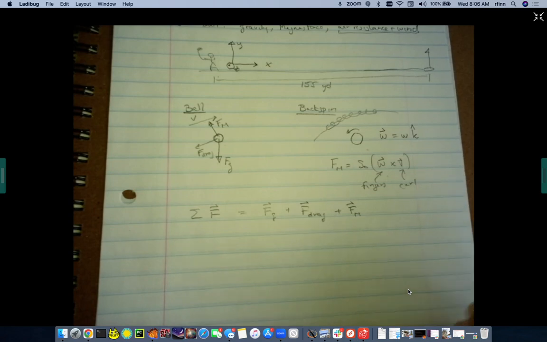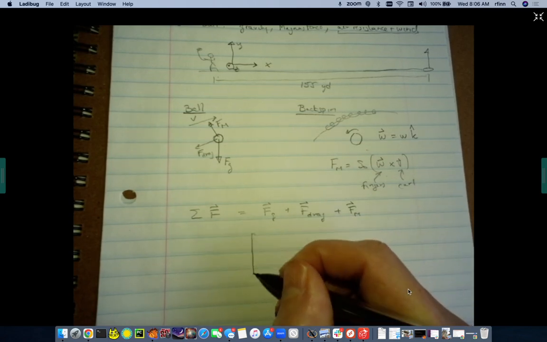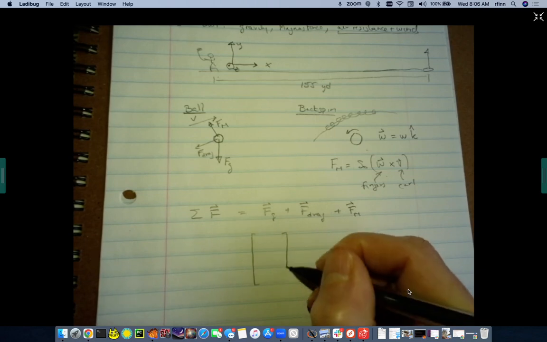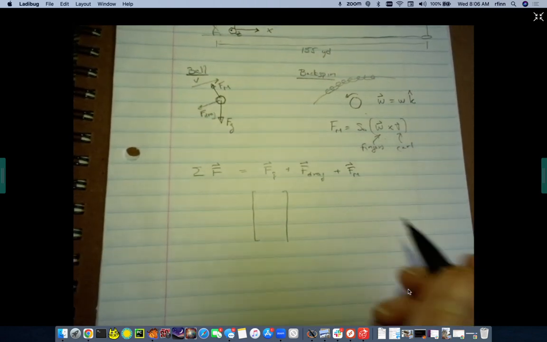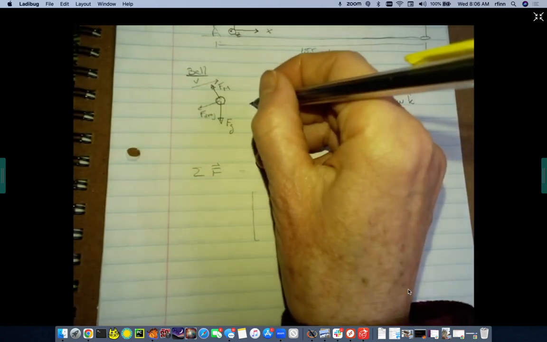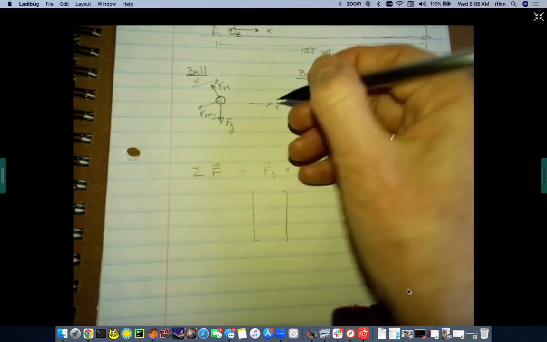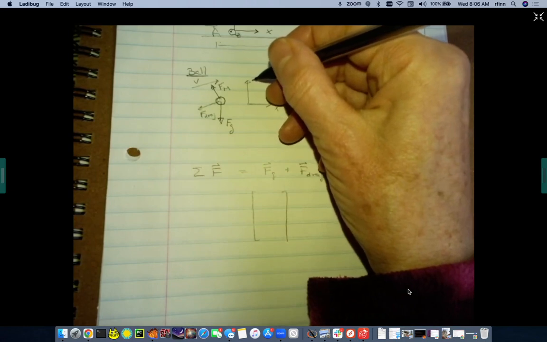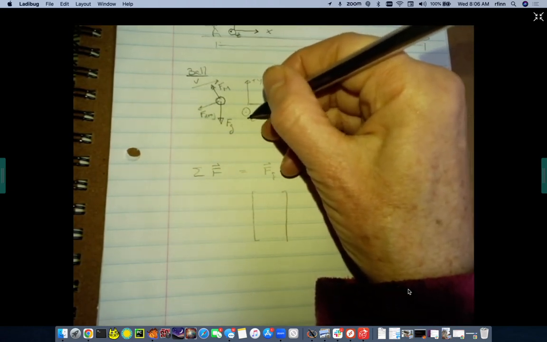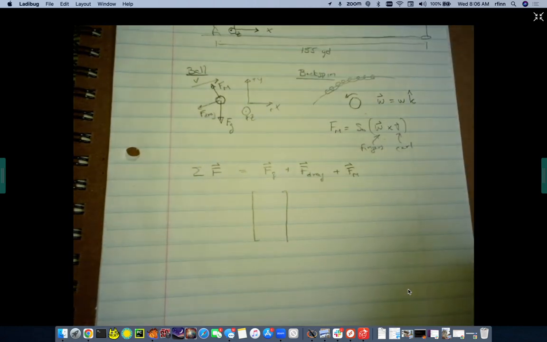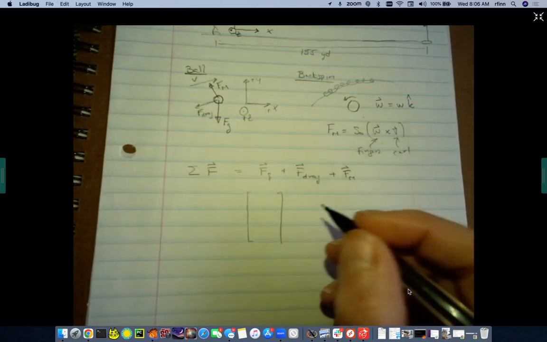Okay, so we can now break these out into their component forces. And we're going to do 3 dimensions here, right? Because we have x, y, and z. So force of gravity, right? If we just look at our coordinate system again, x, y, those are our positive directions, and plus z here. Okay, so gravity is in the negative y.